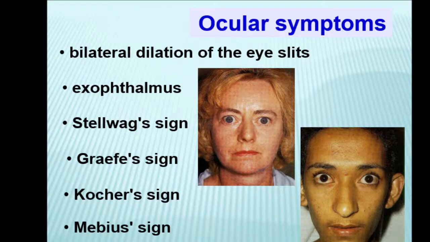It may be a pen, it may be the finger of the doctor, and we'll control the movements of the eyeball depending on the movements of our object. Because Graefe and Kocher signs are formed due to disordered movements of the eyelids and eyeball. Ocular motor dysfunction. Möbius sign is a control of convergence: how the patient can fix on some object.